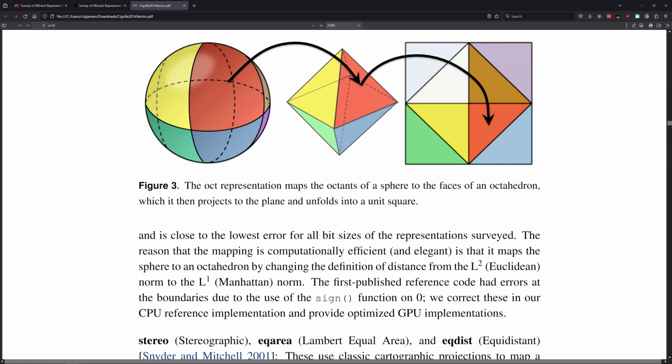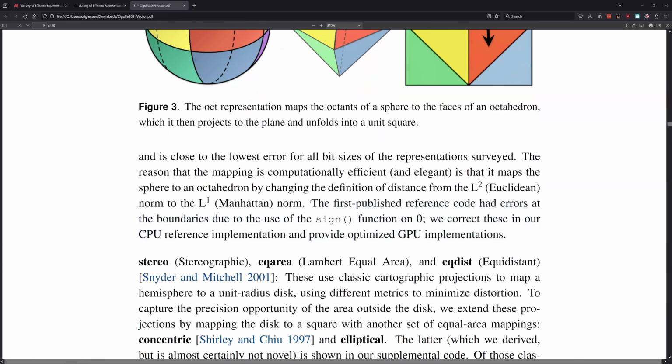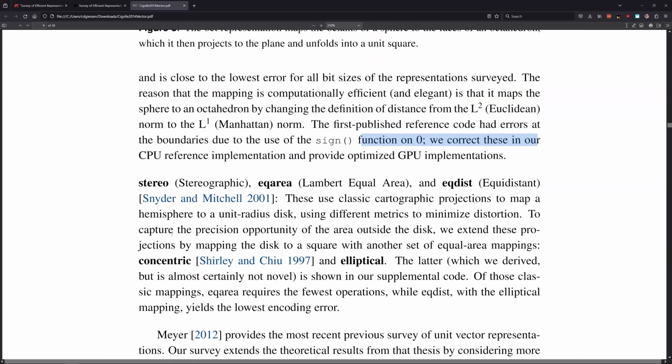It maps the sphere to the octahedron by changing the definition of distance from the L2 norm to the L1 norm. Oh, so the first paper had bugs and that's been fixed. So yay.